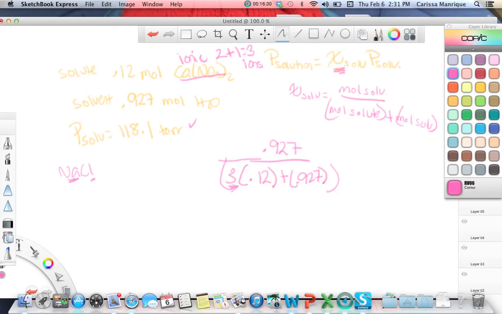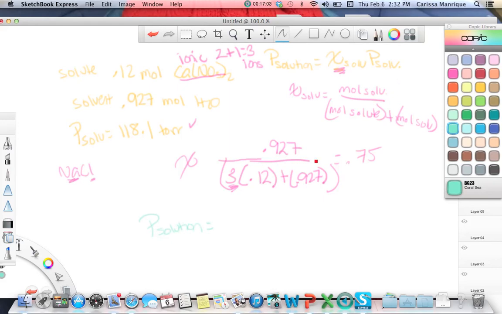If you multiply and divide it all out, you will get approximately 0.75. So this is my mole fraction, 0.75. Now let's find the new vapor pressure of the solution.